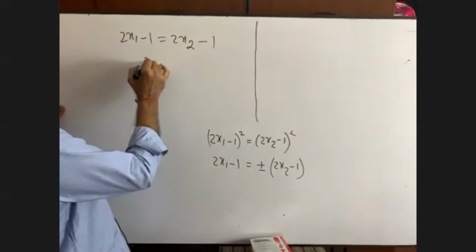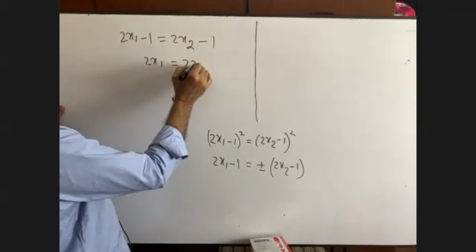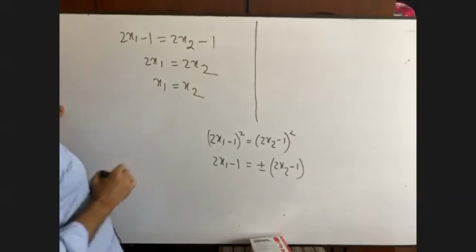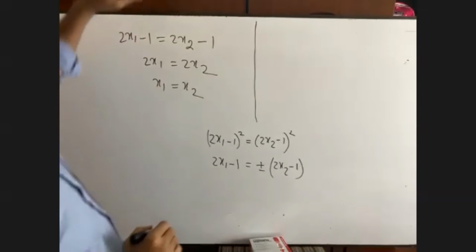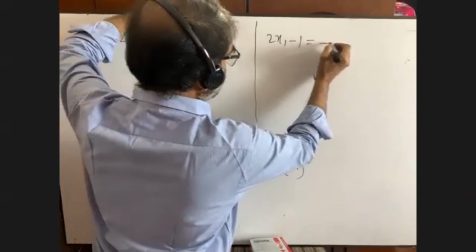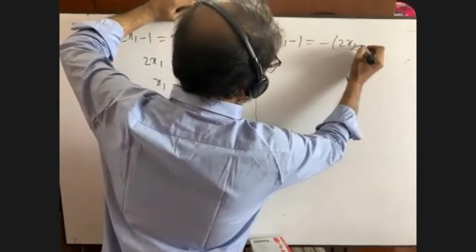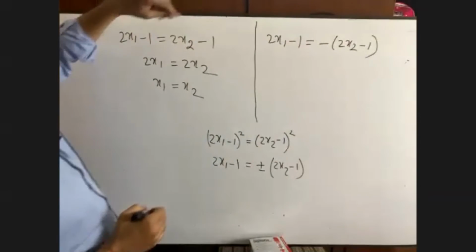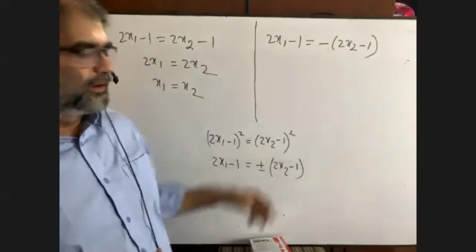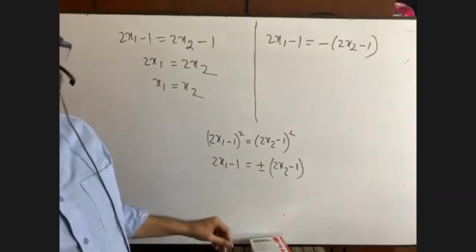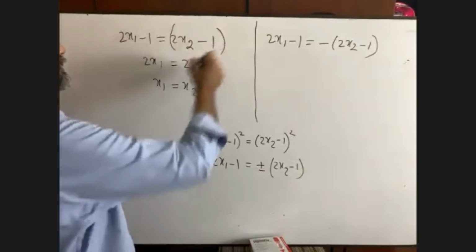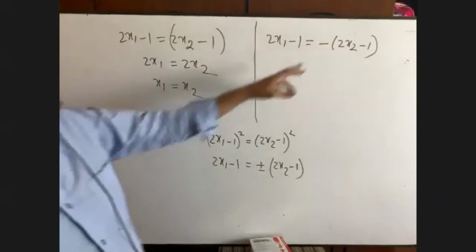Minus 1 will be omitted, that is 2x1 equals to 2x2, x1 equals to x2. But we have got another value, that is 2x1 minus 1 equals minus (2x2 minus 1). Here plus sign was taken, but here minus sign has been taken because it is plus or minus.